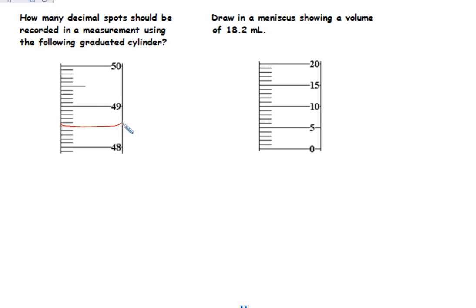Something right there. I could say 48.5. And I know there's a line on this graduated cylinder for 48.5. I still get an estimate. So if you think that it's right smack on the line, you would estimate 0.